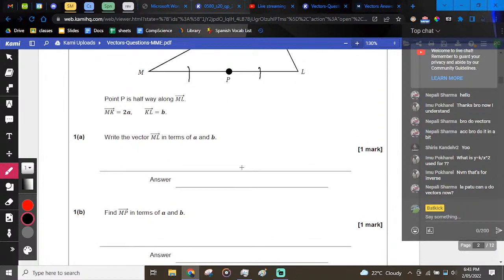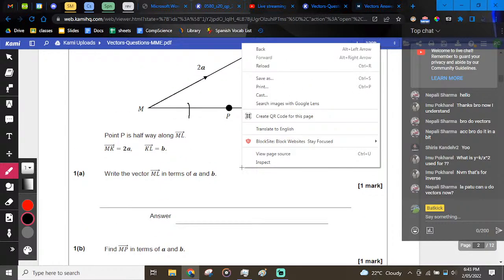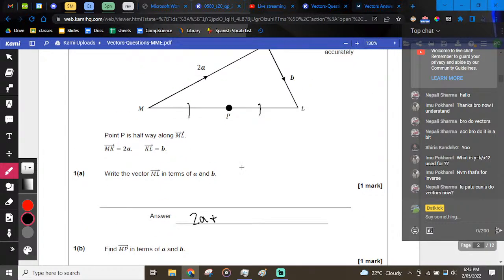In terms of a and b, it's going to be 2a plus b, and that forms this vector here, made of the components 2a and b.